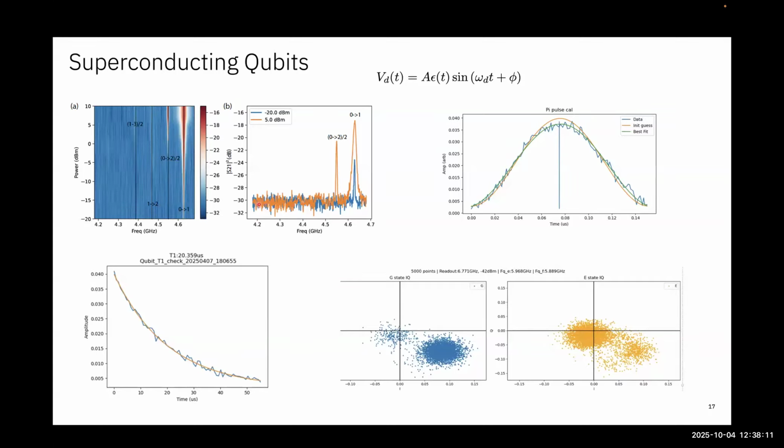I sweep across this frequency range, and the moment I send in the transition frequency of the qubit's energy level from 0 to 1, I get a response that tells me this is doing something.